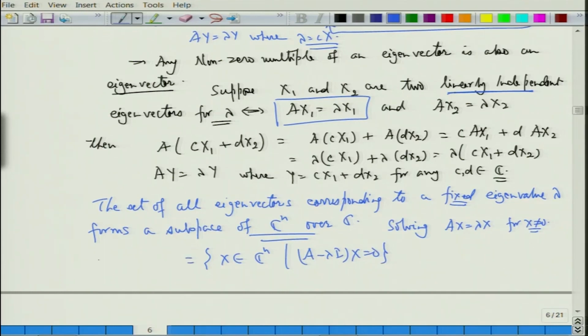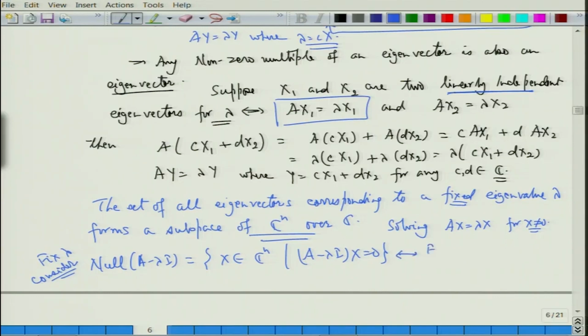This is called the null space of A minus lambda I. So fix lambda and consider this. All right, so all the eigenvectors come from here.